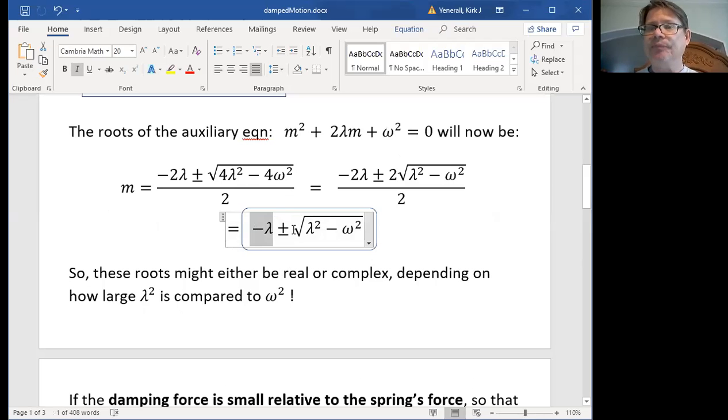And then we're going to have cosines and sines of this expression here times t. But because we're factoring out a negative sign to get the i, to get the imaginary part, the lambda squared minus omega squared will switch around and become omega squared minus lambda squared when we factored out the negative 1 to get our imaginary unit.